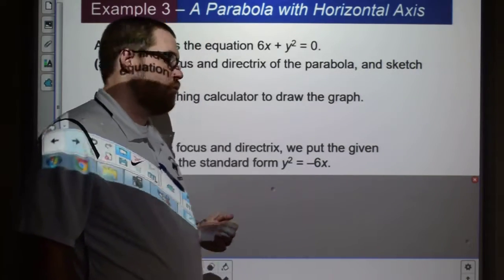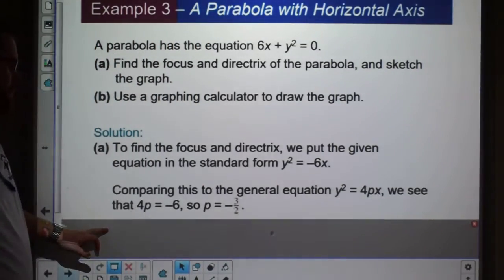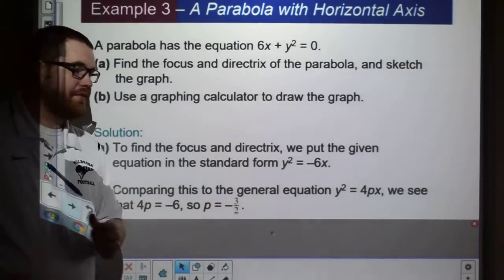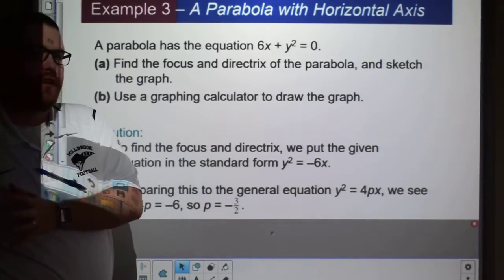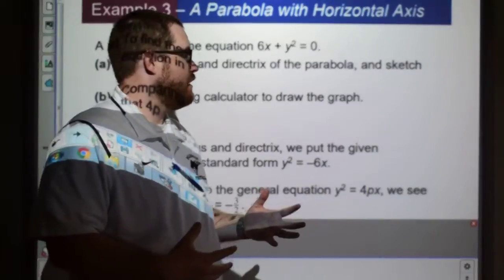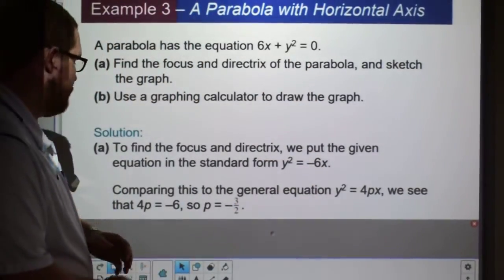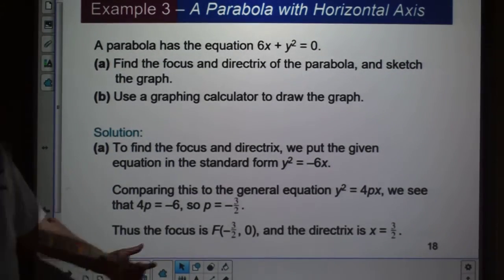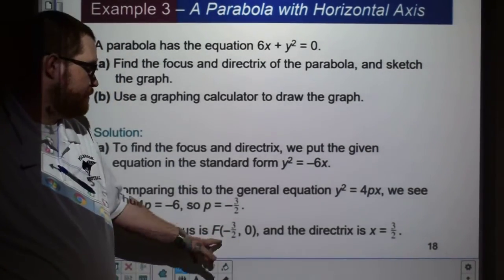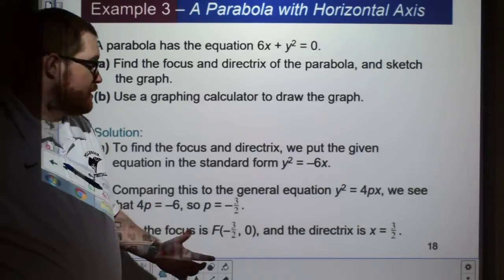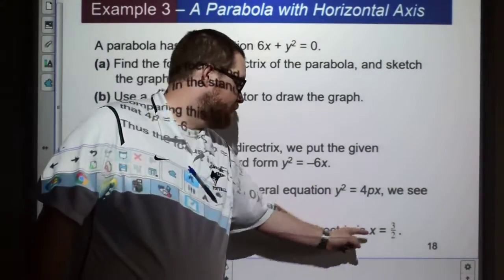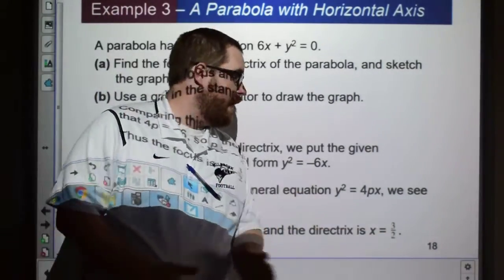Negative 6 divided by 4 will give you negative 3/2. So the focus is at negative 3/2. But is the negative 3/2 the x value or the y value? Well, because x is the non-squared variable, it's going to be the x, so the focus is at negative 3/2, 0. The directrix is just the opposite of that. It's x equals, this time because it's an x value, 3/2.